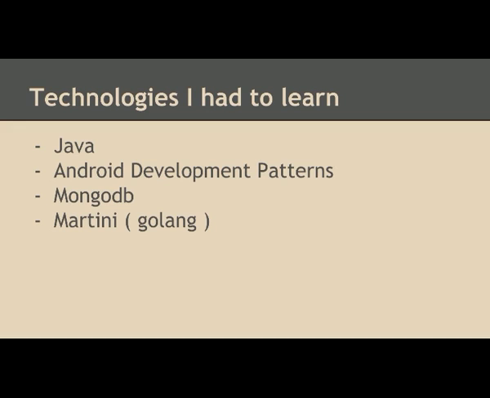A big part of my project was that I wanted to expose myself to as many new technologies as possible, or at least ones I hadn't used yet. I had some work experience using Ruby on Rails, so I decided to build my backend in Golang with Martini. Through work experience and the databases class, I'd worked with MySQL before, so this time around I opted for a NoSQL database, which was MongoDB.